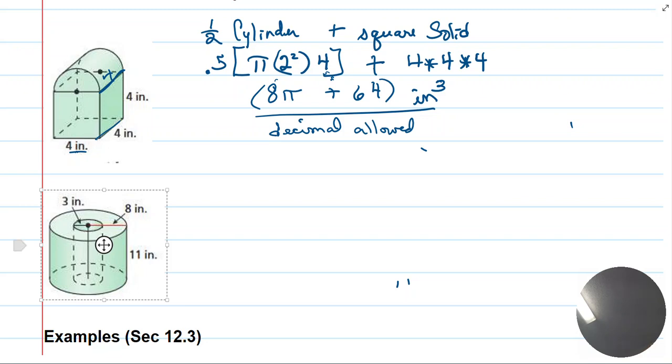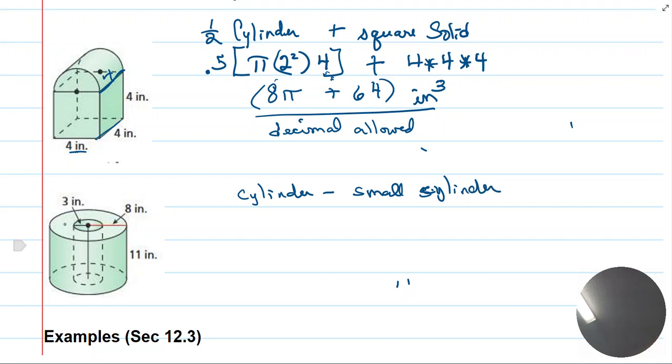This one is a subtraction. We have a cylinder minus a smaller cylinder. So we're going to take the big, which is pi radius squared times the height, and we're going to subtract from it the smaller pi radius squared times the height. Is everybody comfortable with that? Everybody see that?